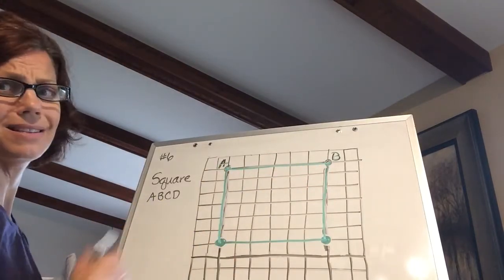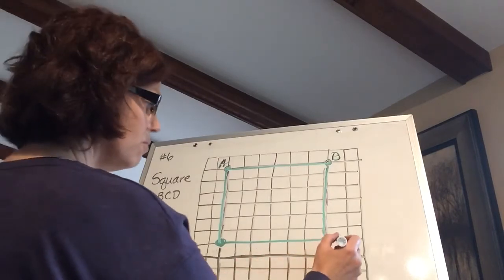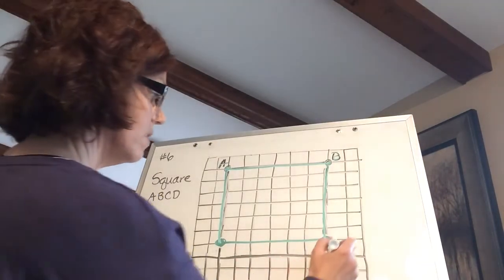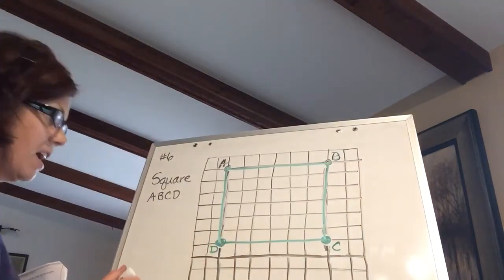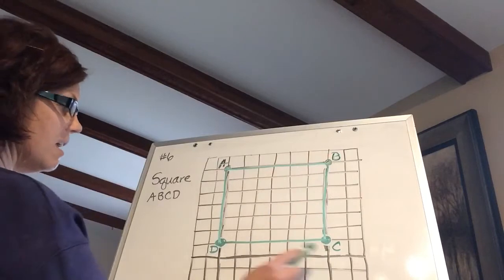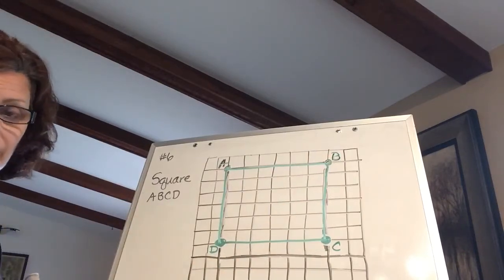And it would not make sense. It would just be confusing to go out of order. So we always just keep it in alphabetical order, and we would label that ABCD.